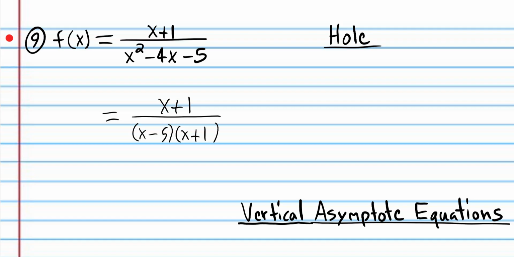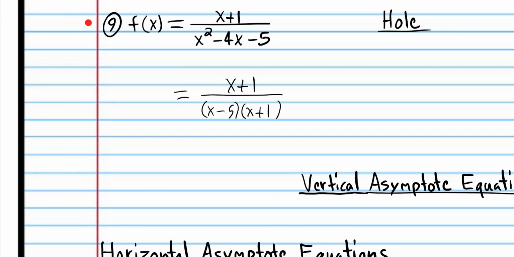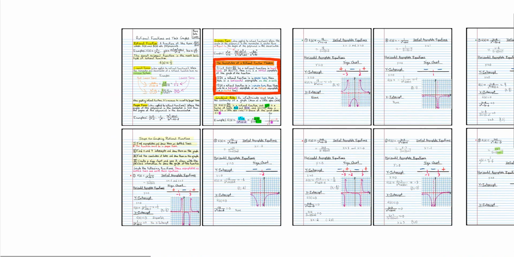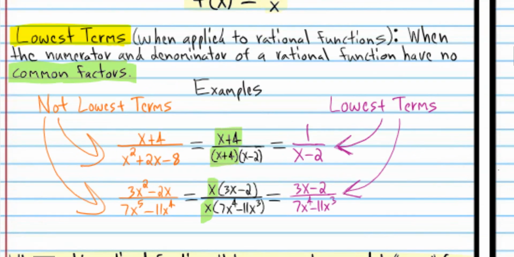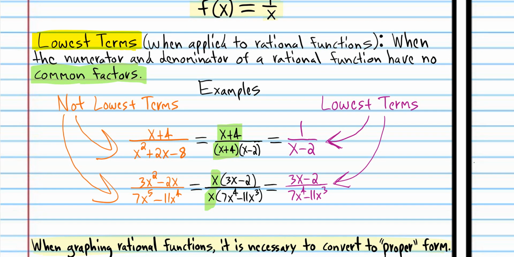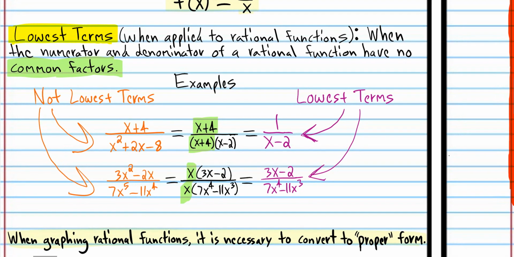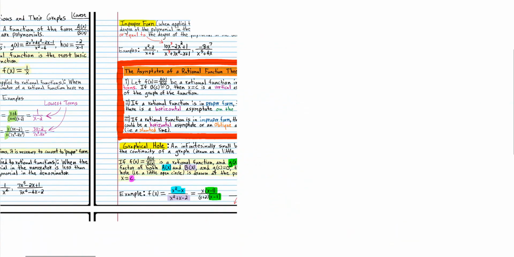That's different. So we can write a new function, I'm going to call it g of x, that is in what we call lowest terms. Remember, we talked about lowest terms. That's where we defined this phrase here, in lowest terms. That's when you cancel out all the common factors in the numerator and the denominator.